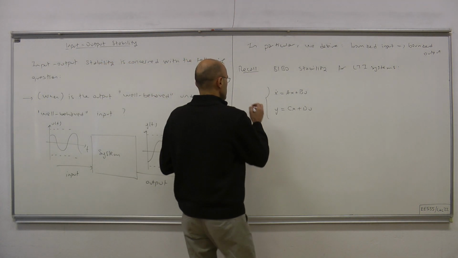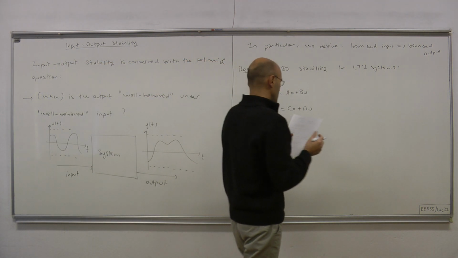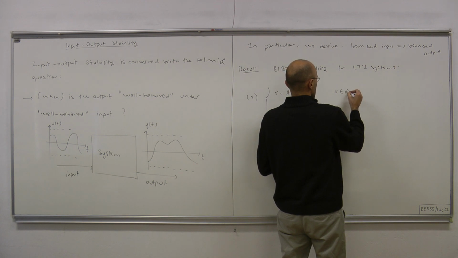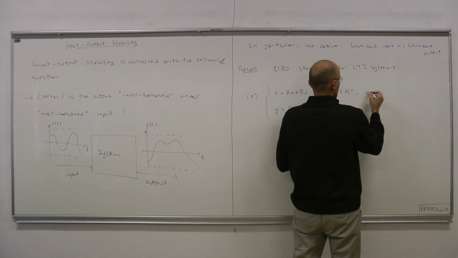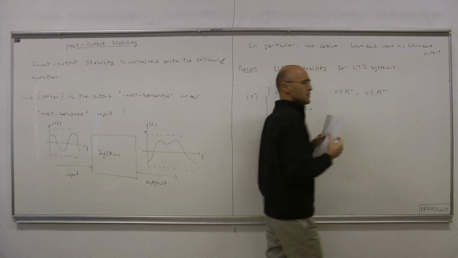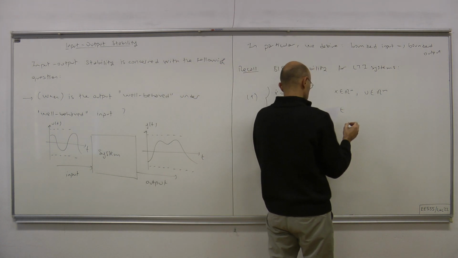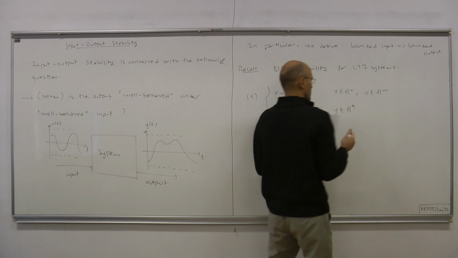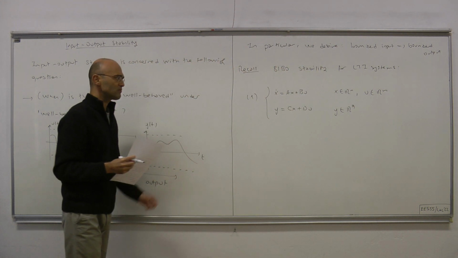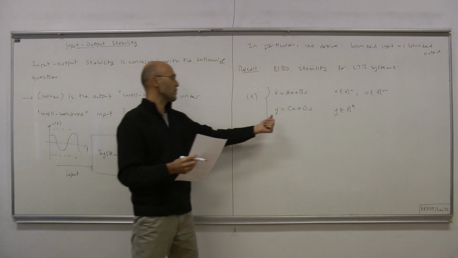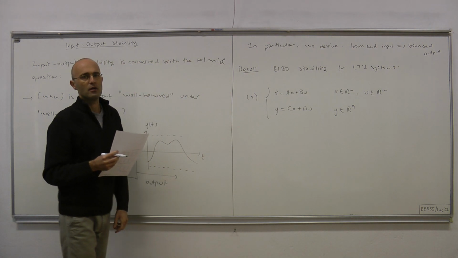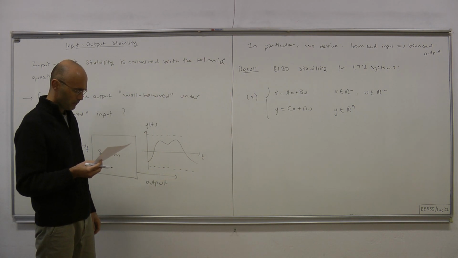Okay, so let's say x is in R^n, u is in some other space, and y, the output, is in yet some other space. And also, in the nominal case, what we want is for y to be 0 or something that converges to 0.